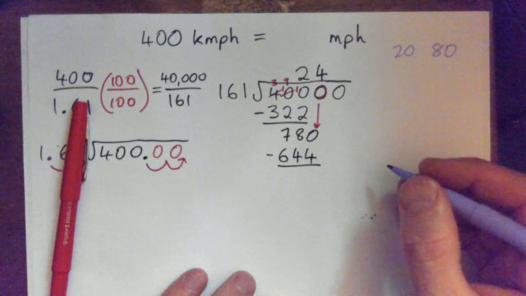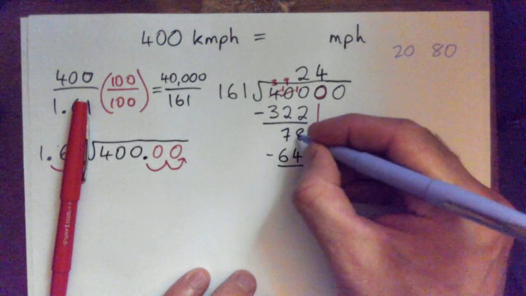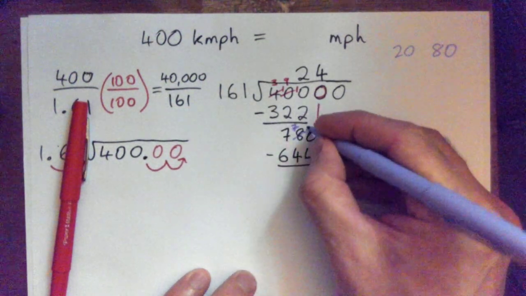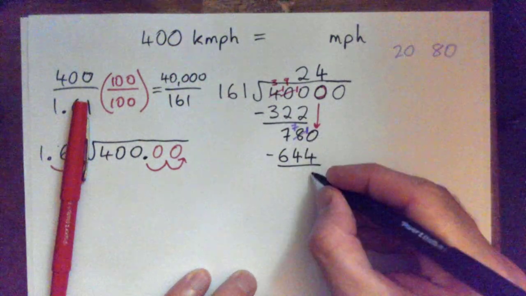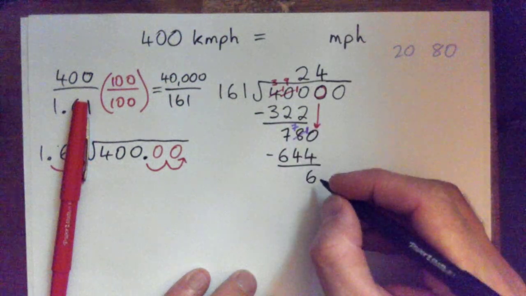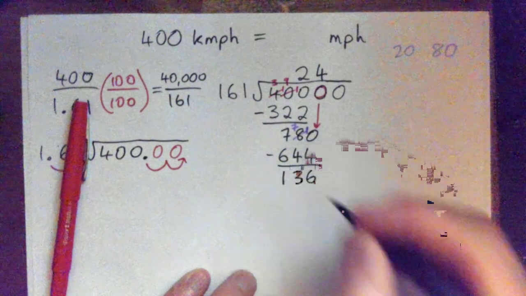So we've got to do some borrowing. 0 minus 4 won't work, so I've got to borrow from that. That becomes a 7, and this becomes a 10. So you've got 10 minus 4 is 6. And 7 minus 4 is 3. And 7 minus 6 is 1.